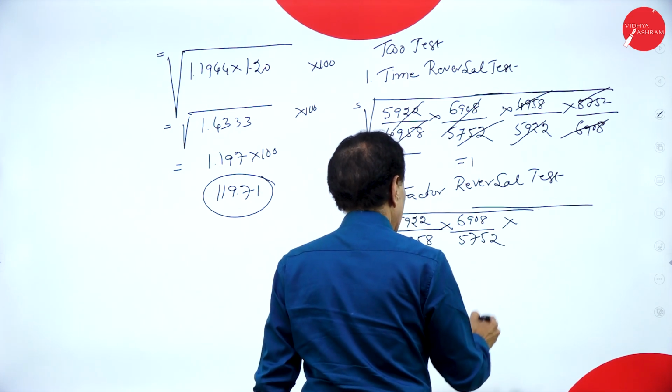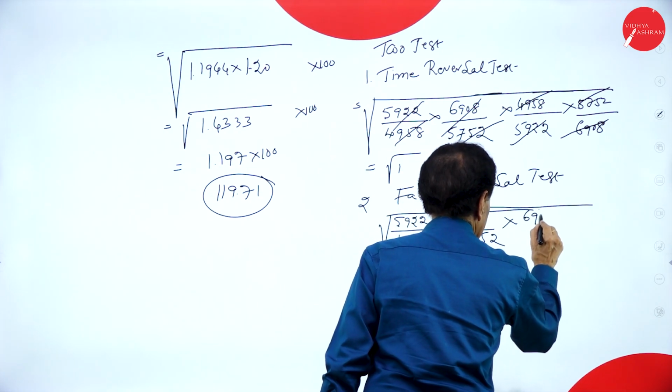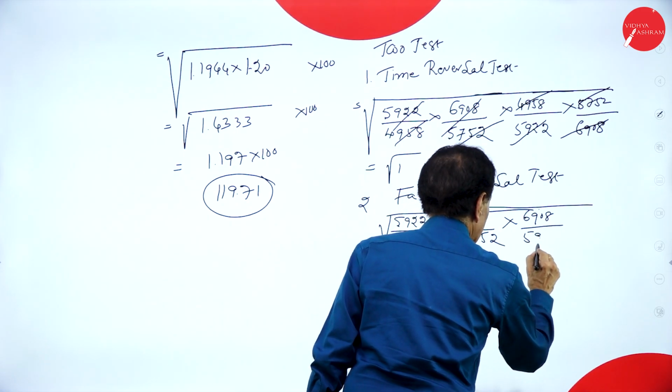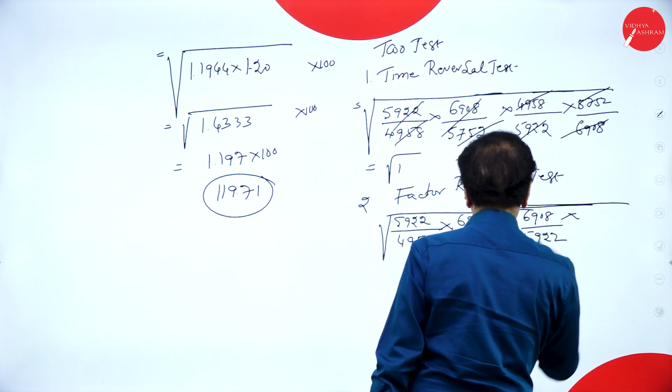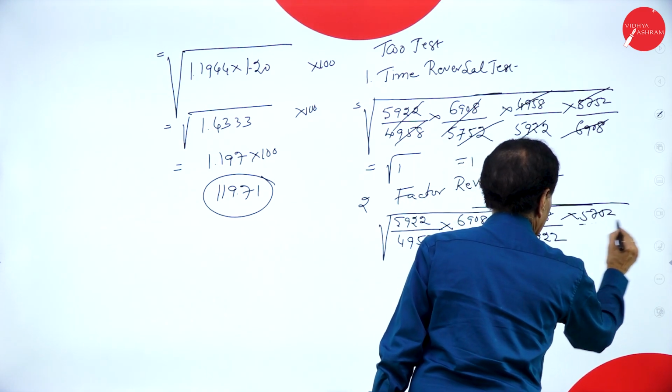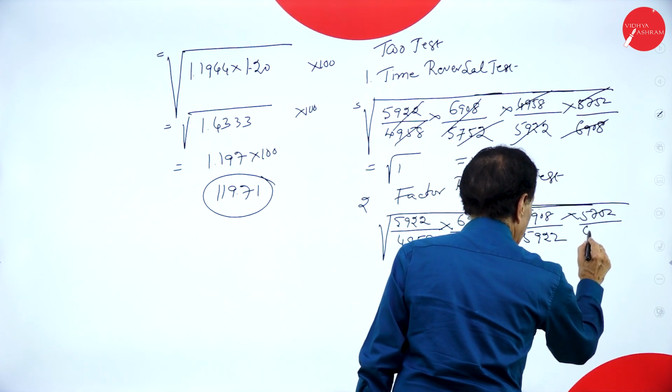Interchange: 6908 divided by 5922, into 5752 divided by 4958.